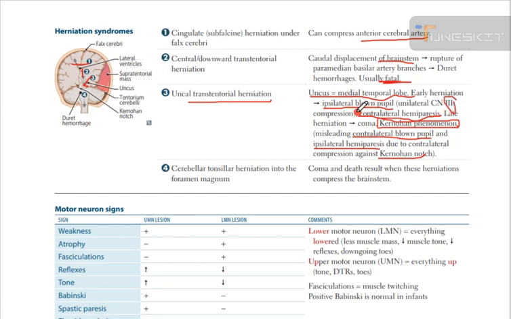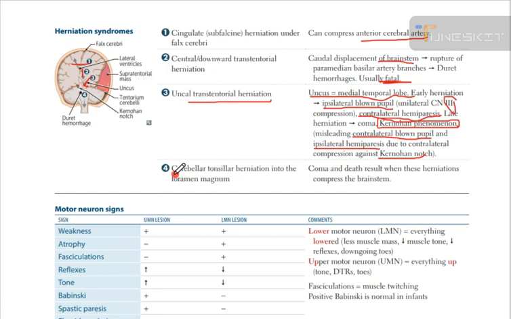This compression results in contralateral hemiparesis. If there is late herniation, this results in coma and Kernohan phenomenon, a misleading contralateral blown pupil and ipsilateral hemiparesis due to contralateral compression against the Kernohan notch.